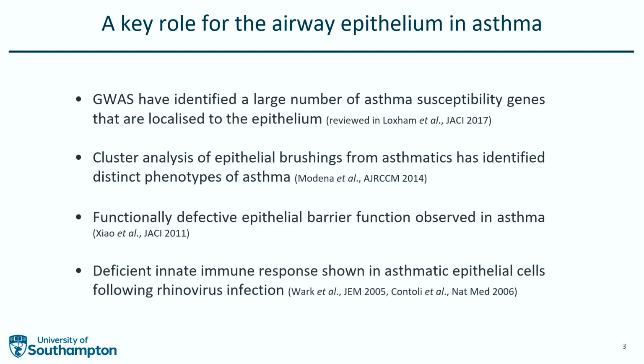Obviously, in Southampton, I have to talk about the epithelium. And we know that it's a key driver of development in asthma. As Stephen already alluded to, there has been various genome-wide association studies that have identified a large number of asthma susceptibility genes localized to the epithelium.